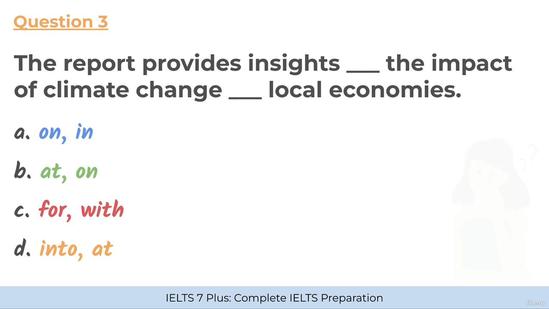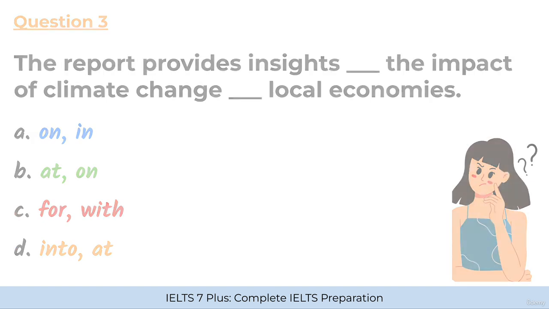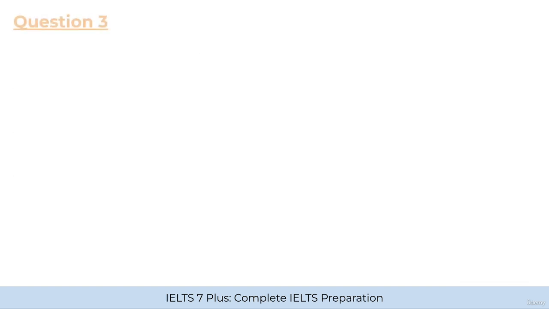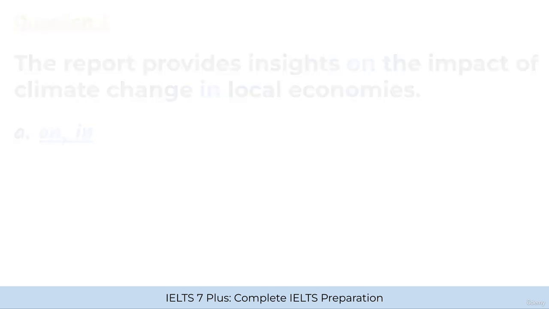Okay, let's see if you have any ideas for this one. Okay, so this one was on and then in. The report provides insights on the impact of climate change in local economies. Within local economies, in other words.